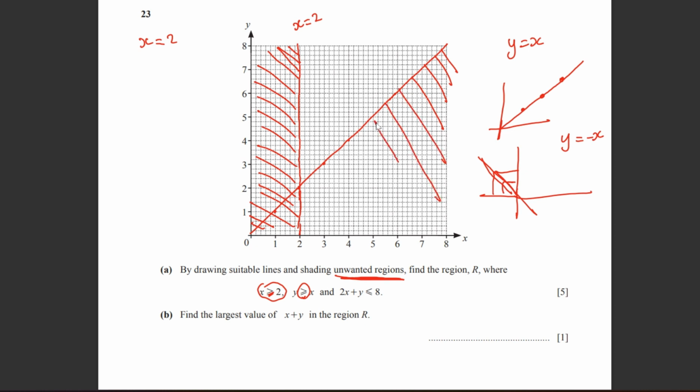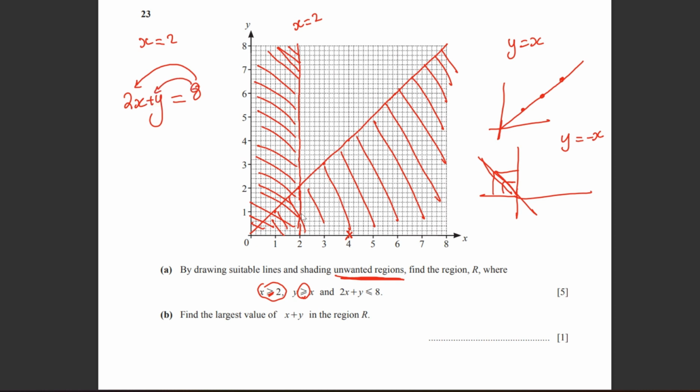Okay, then 2x plus y smaller than or equal to 8. 2x plus y equals 8. I want to draw this line. I can isolate y and draw it, or I can use another method. 8 divided by 2 is 4, so the x-intercept equals 4. And then 8 divided by 1 is 8, so the y-intercept equals 8.